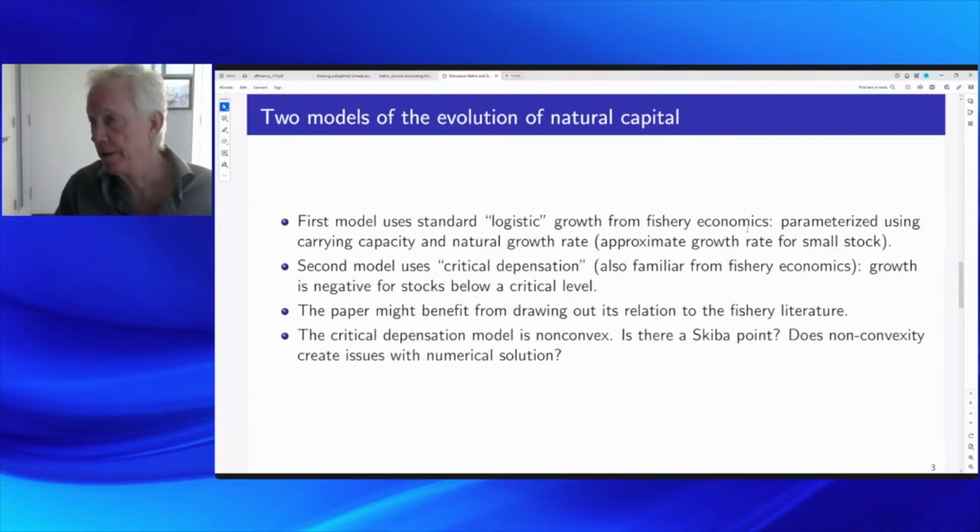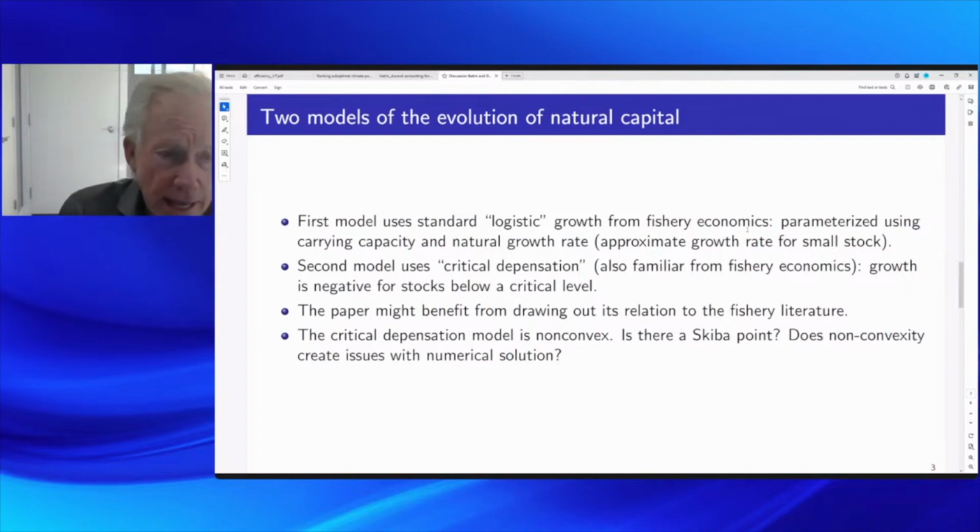And the natural growth rate is the approximate growth rate for small stocks. And the second model uses what's known in the fishing literature as critical depensation, in which growth is negative for stocks below a critical level.